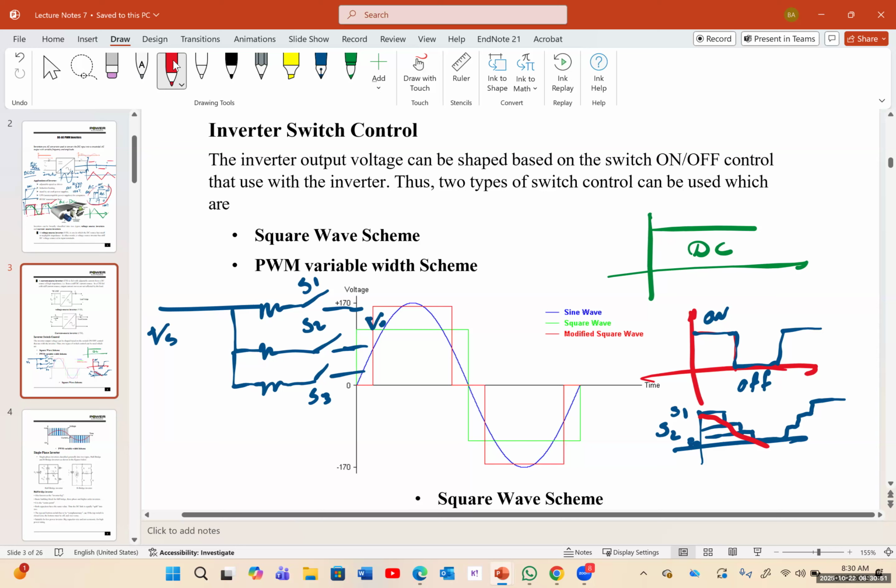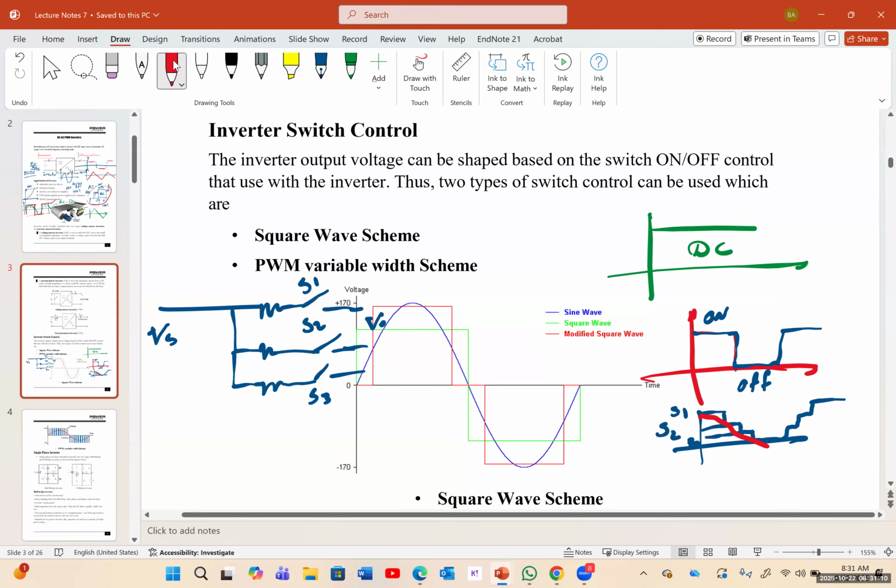Imagine how dangerous it is to switch it off and on. It's going to create sparks, and those sparks are going to damage your switch. So the best way is to go smoothly, slowly through 0 and come back.